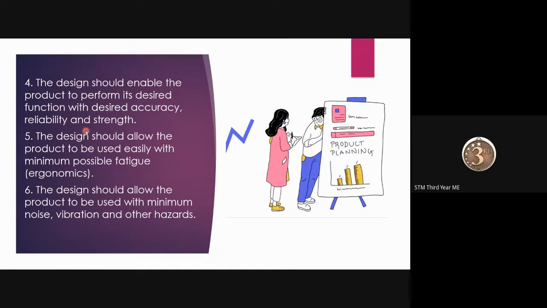It must not fail under any load. If you have a chair, the people sitting on it may not be of the same weight, right? There will be many kinds of weights, ranging from smaller children at about 25 kilograms to about 150 kilograms.